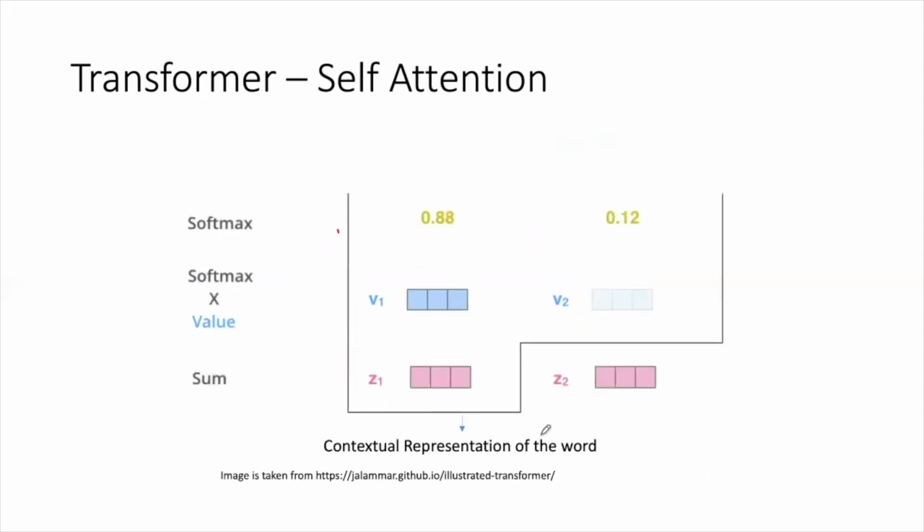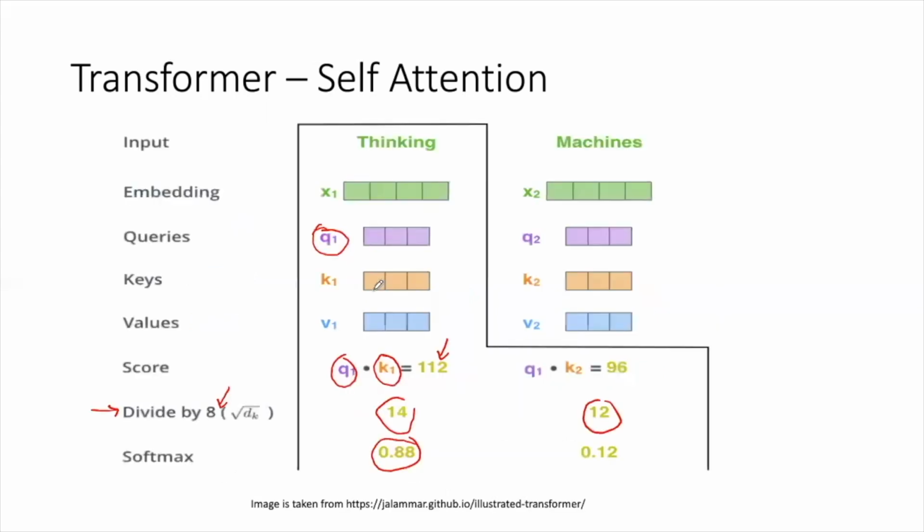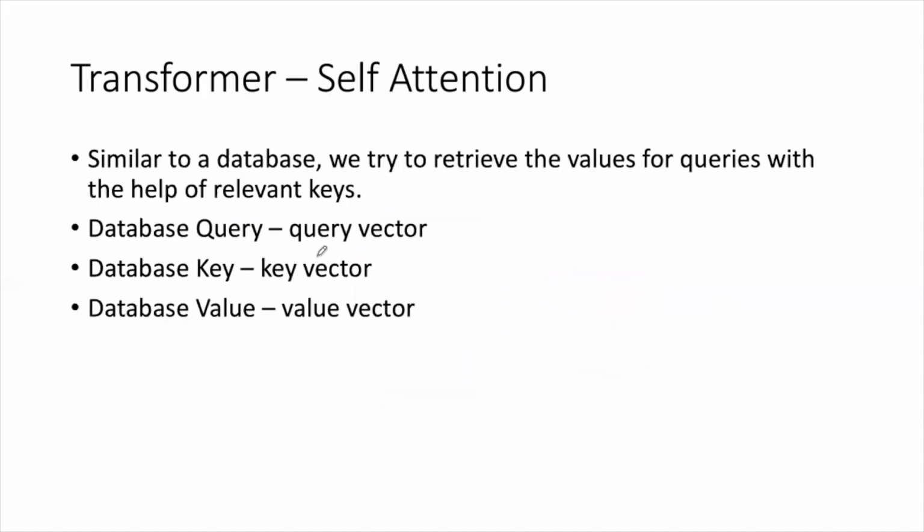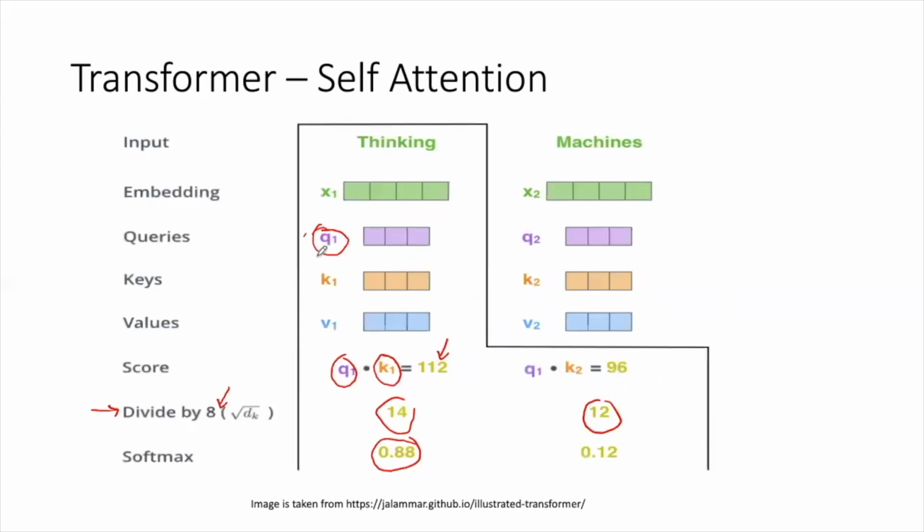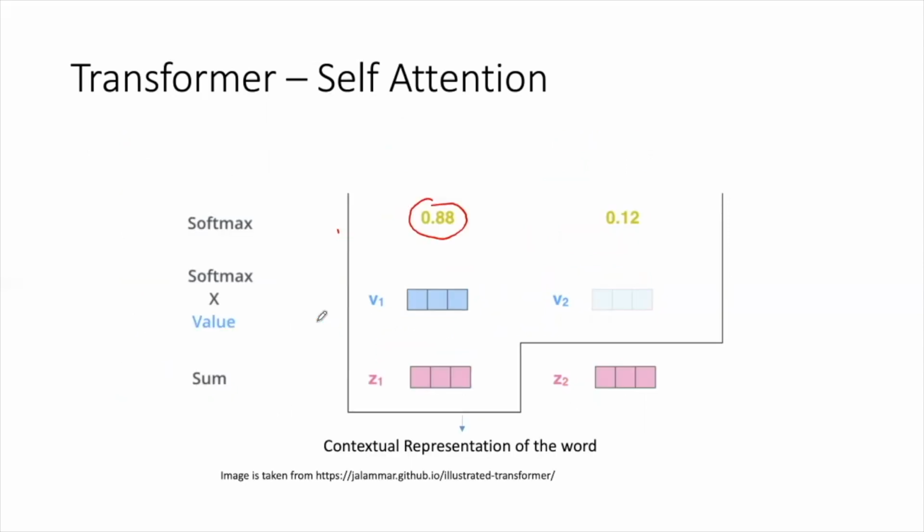Once we calculate the scores, our next step is that we multiply the scores with the value vectors. We once again saw that every word is associated with query, key and value vectors. So the value vectors present here, we multiply those. We do a scalar product of this value vector with the score.